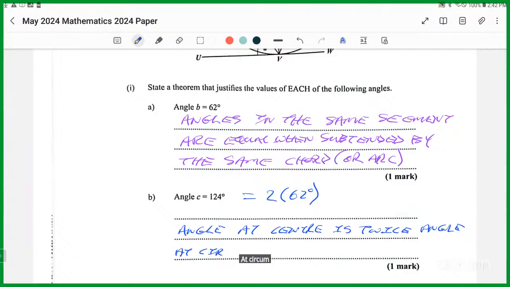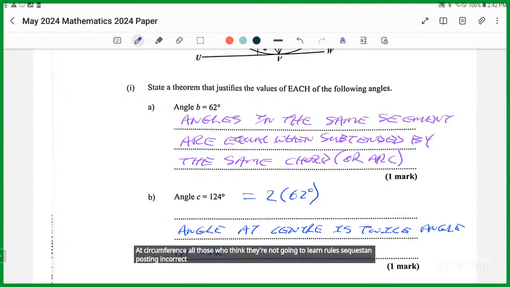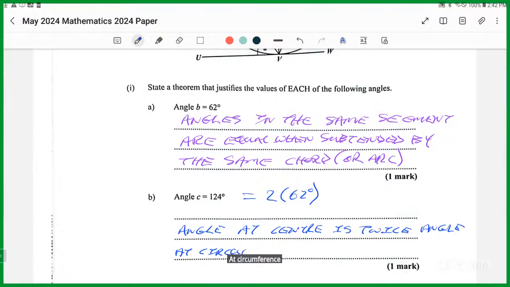So those who think they're not going to learn the rules, see, the question is forcing you to write the rules here. It's not about just calculating the angles. You have to know to write the rules, practice them. If you write just that, you get your marks. Angle at center is twice angle at circumference.